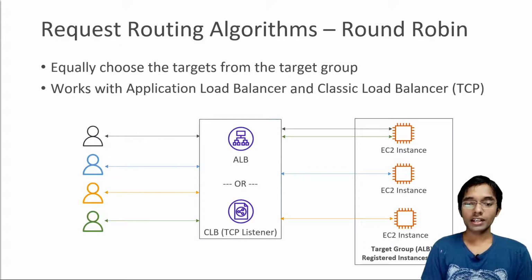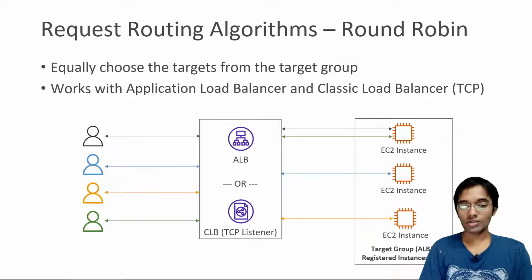The idea is that request 1 will go to EC2 instance 1, request 2 will go to instance 2, and request 3 goes to instance 1, and then request 4 goes through the same cycle again. So this was the round robin request routing algorithm.